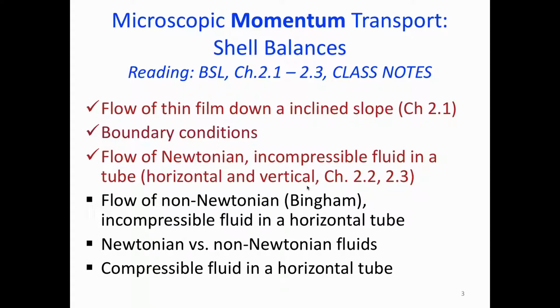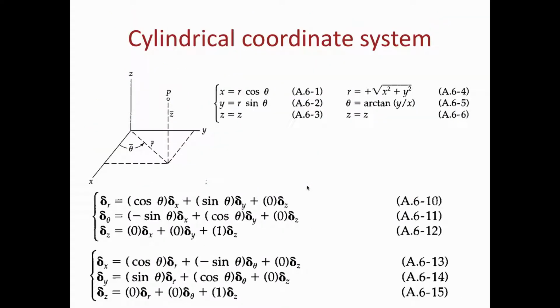Assuming a straight boundary between two fluids, you can figure out how to solve that situation in BSL 2.5. Let's now move to non-Newtonian fluids. So let's throw in another wrench.